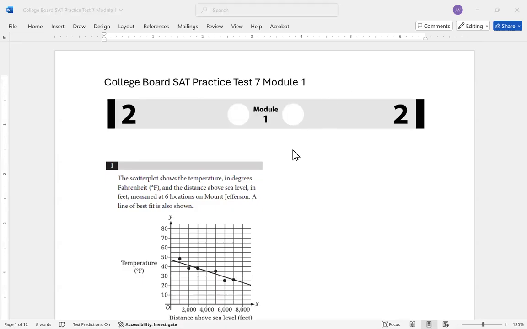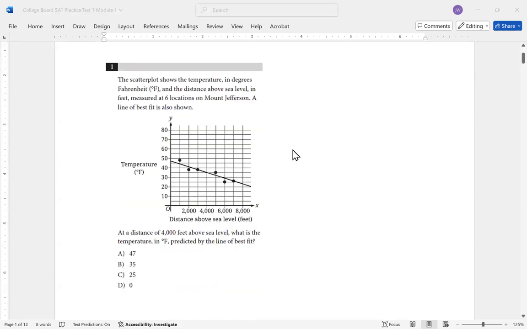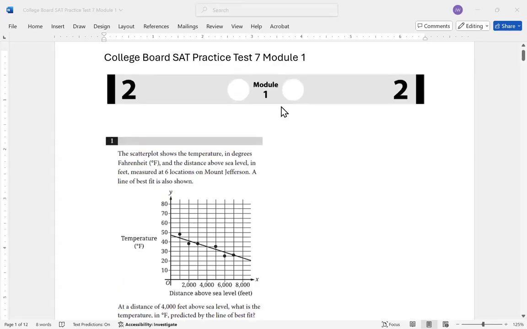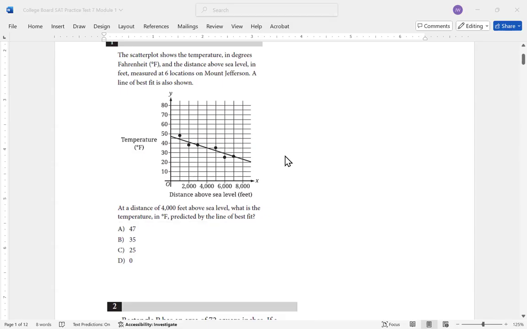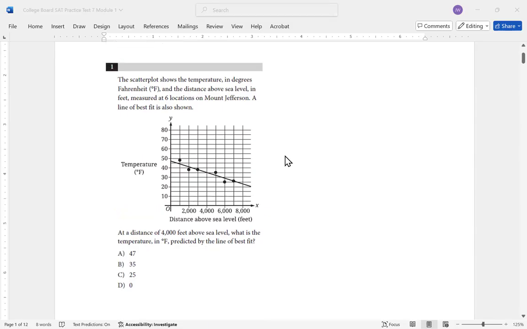I'll do them on this Word document. So this is Test 7, Module 1. Question number 1. The scatter plot shows the temperature in degrees Fahrenheit and the distance above sea level in feet measured at 6 locations on Mount Jefferson.